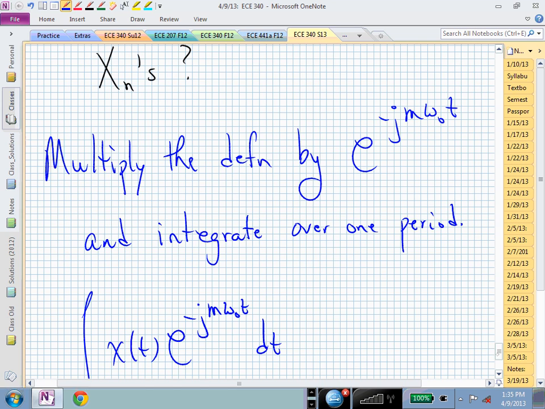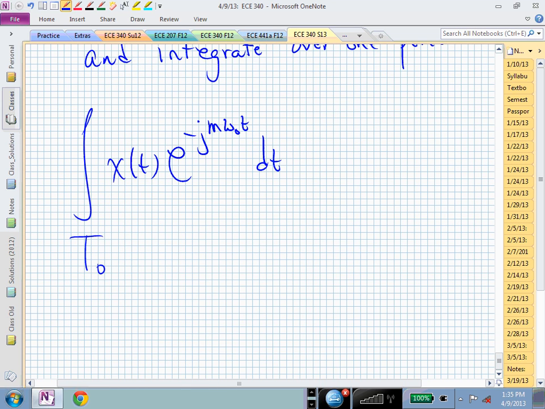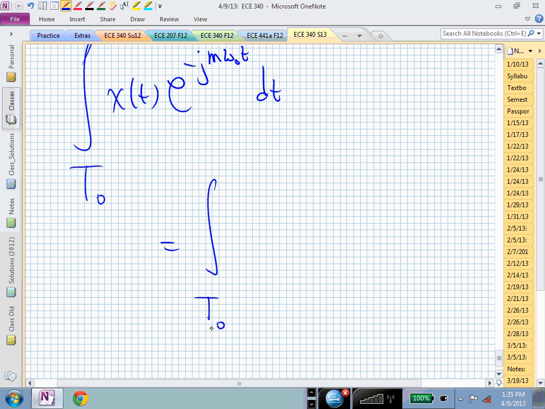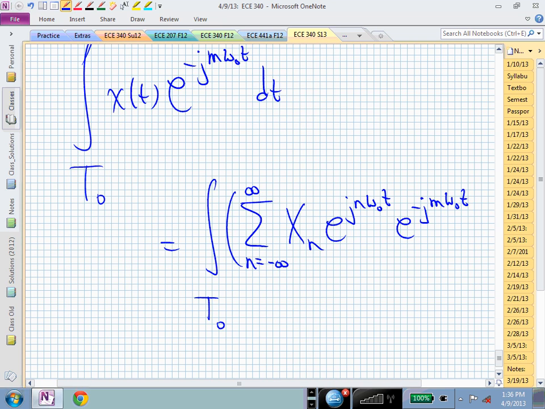On the right-hand side, this is now equal to this integral over one period T sub 0 of this infinite complex exponential expansion, capital X sub n, e to the jn omega naught t, but we have now multiplied by e to the minus jm omega naught t, and we want to integrate that.